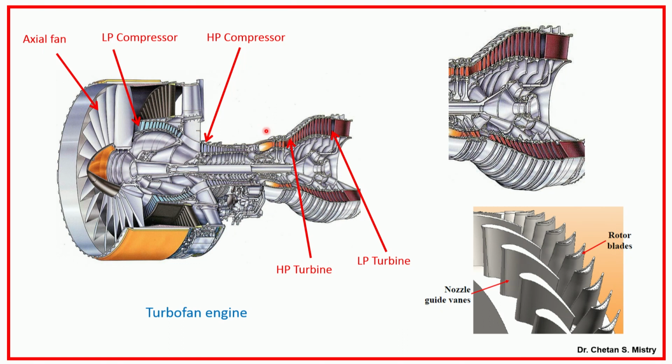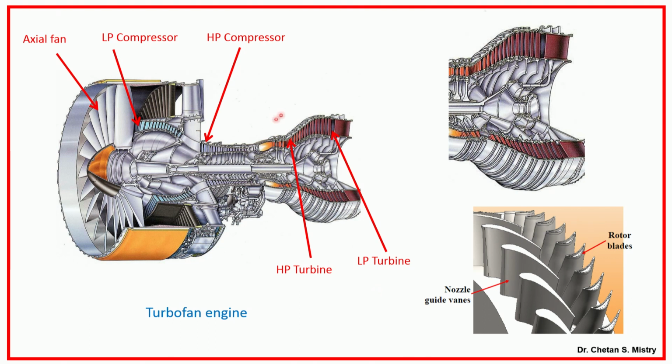In construction, if we look carefully, after the combustion chamber we have a nozzle like this, which is known as the nozzle guide vane. What does it do? It guides my flue gases towards the rotor, and that rotor is subjected to expansion, which generates my power. That power is used to rotate our compressor.